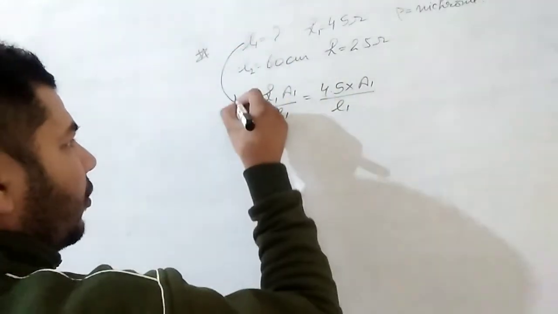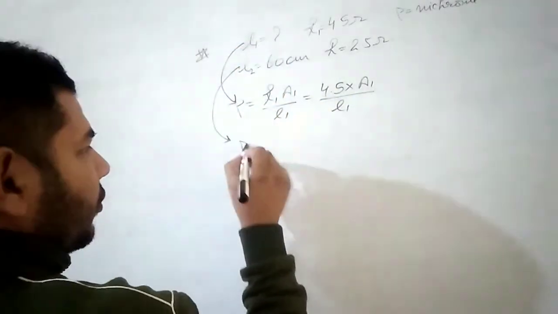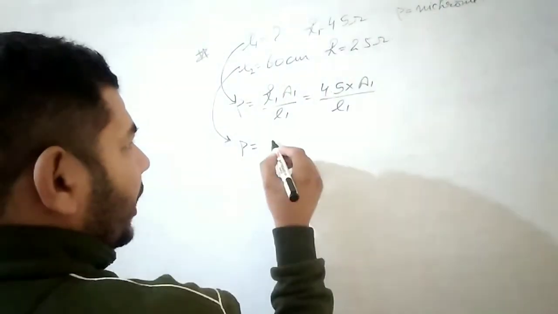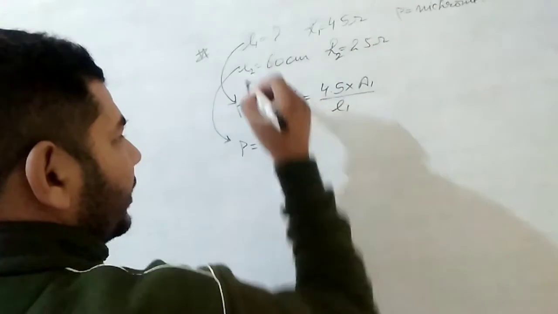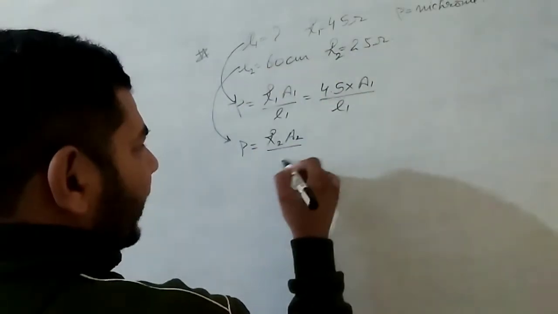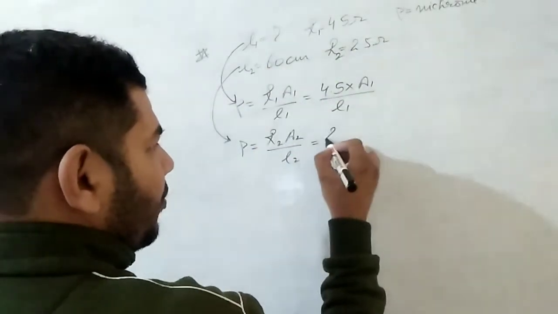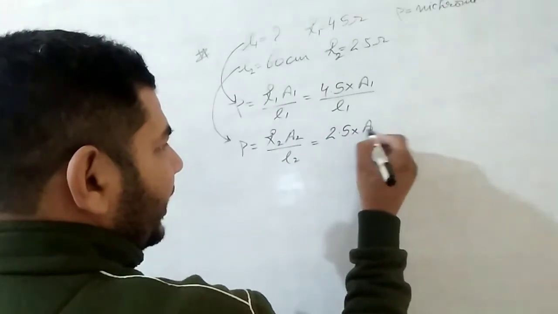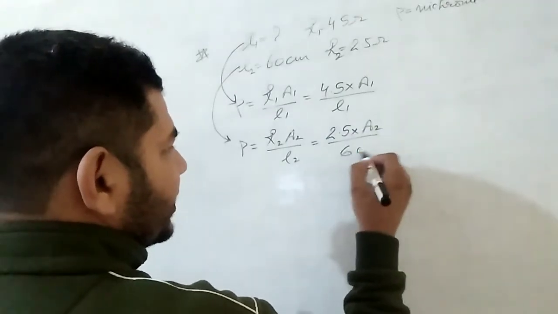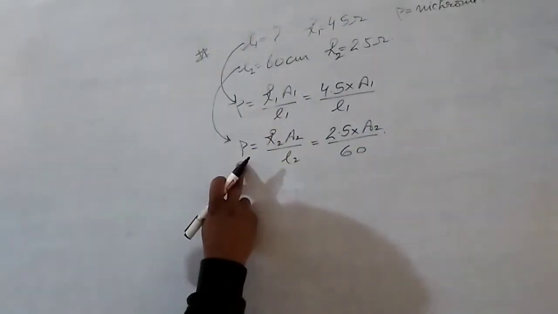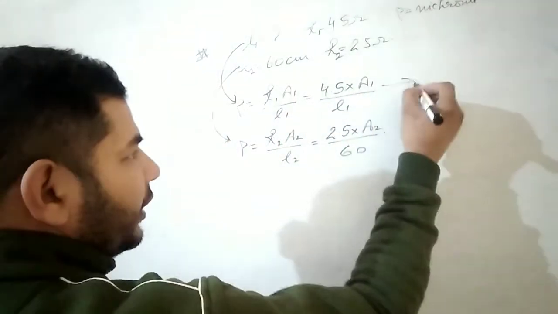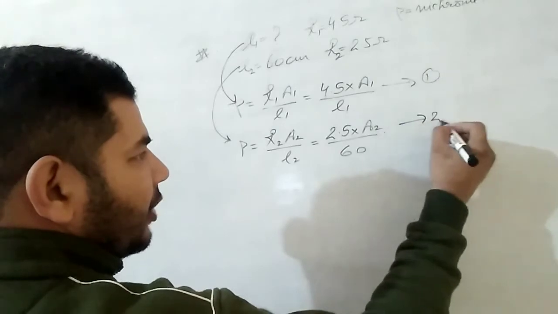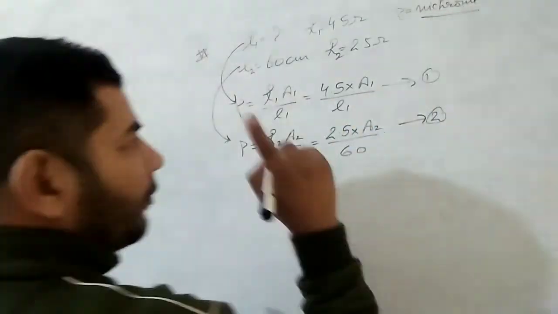Similarly, this is for rho, same wire of nichrome. R2 is 2.5 into A2 by L2, which is 60. So both are nichrome wire, so rho is equal to rho. These two equations are equal to each other because we are having one material, nichrome.